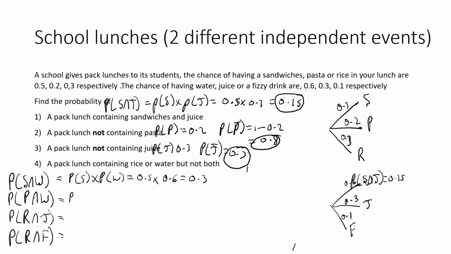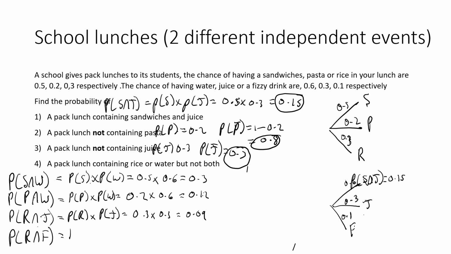Now the probability of pasta times the probability of water is equal to 0.2 times 0.6, which is 0.12. Now the probability of rice times the probability of juice is equal to 0.3 times 0.3, which is 0.09.